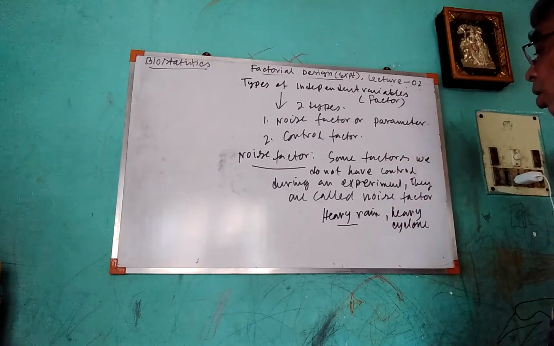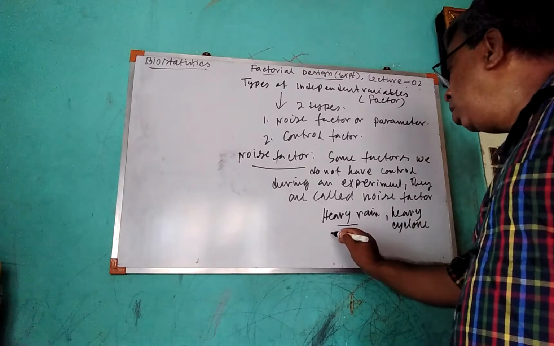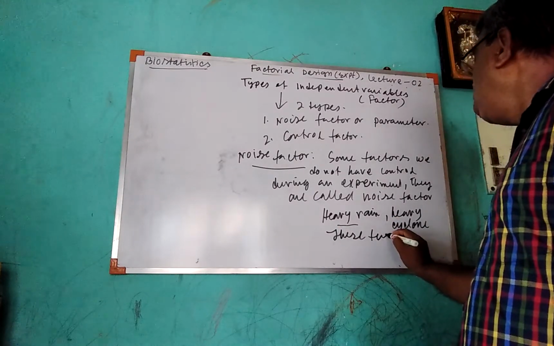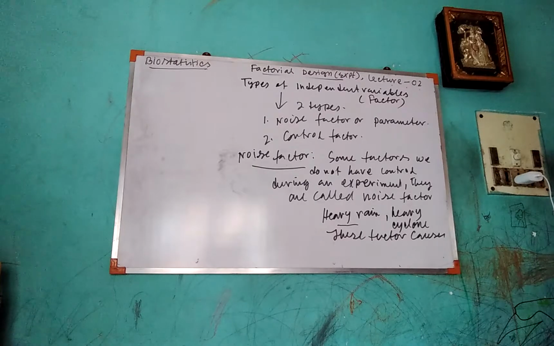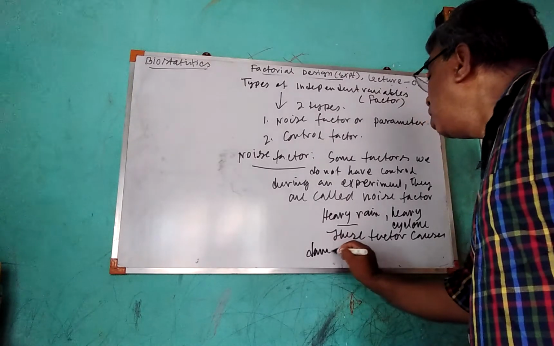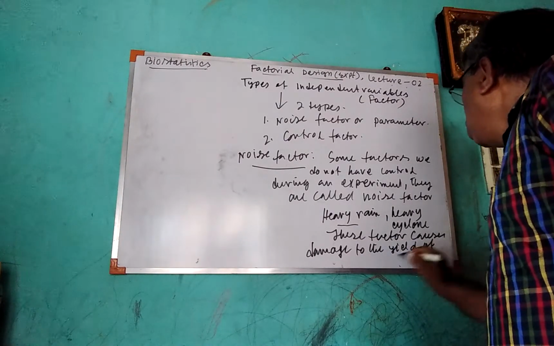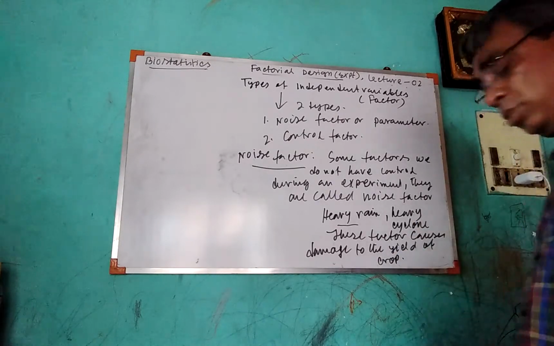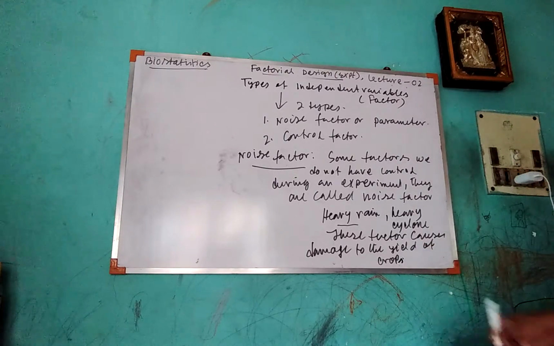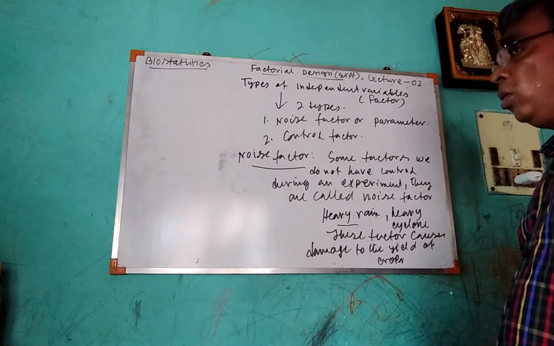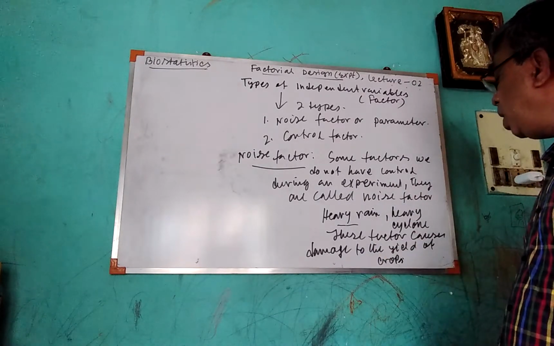These two are noise factors. These two factors, heavy rain and heavy cyclone, are the noise factors. This noise factor causes damage to the yield of crops.